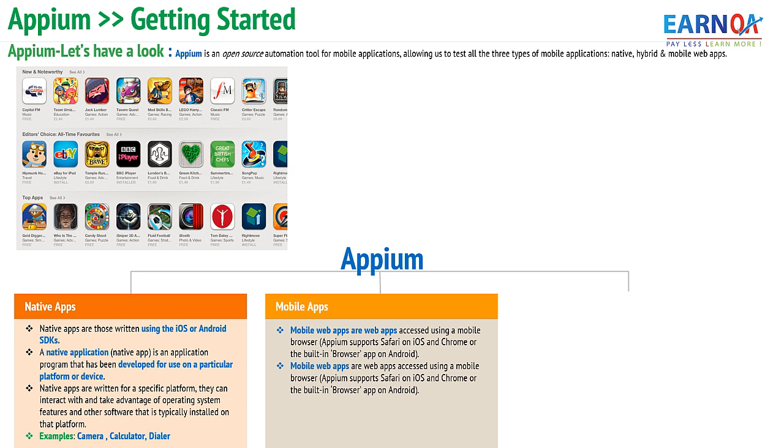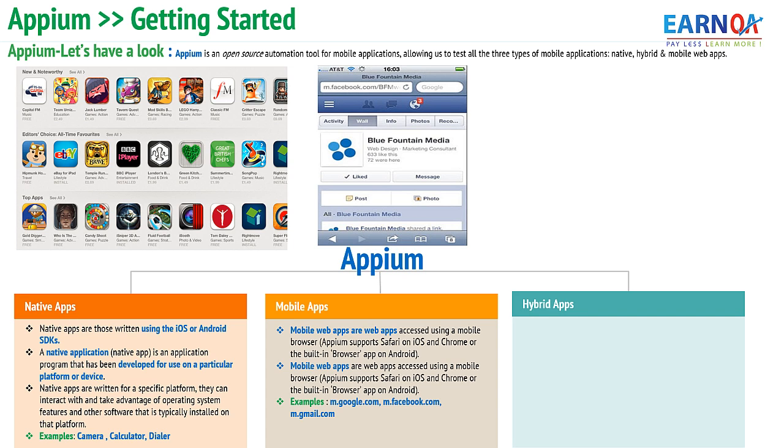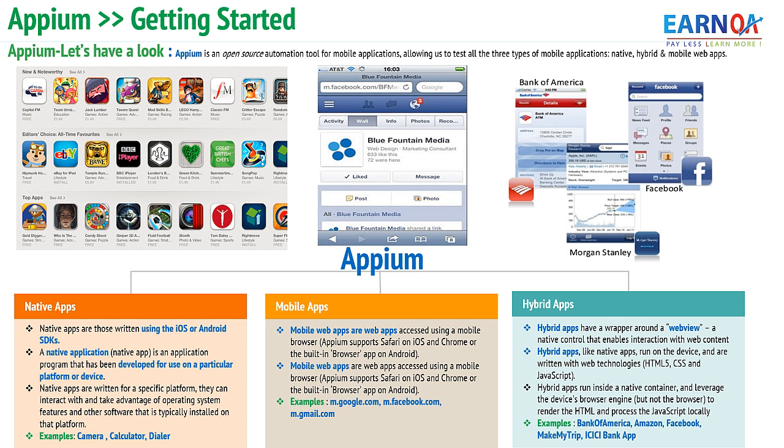Similarly, when we talk about mobile web applications, with m.facebook, even if we don't install Facebook, we can still access Facebook because it is a mobile web category. The hybrid applications are those like Bank of America, where we need to install the app, but they need some server and API to interact and function. So this is all about the different mobile application types in Android and iOS technology.